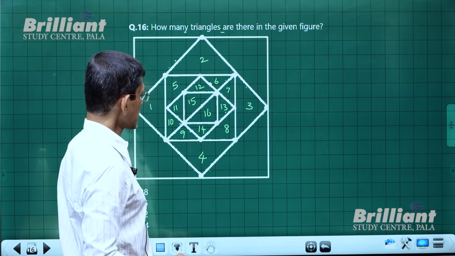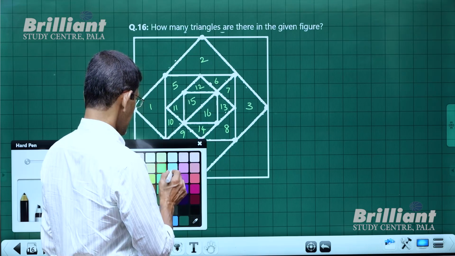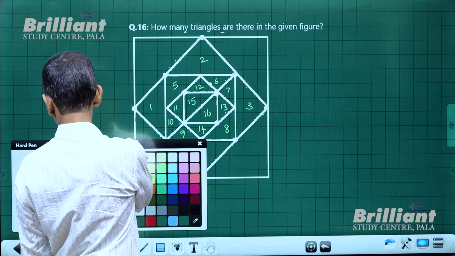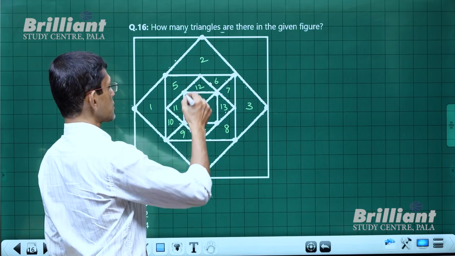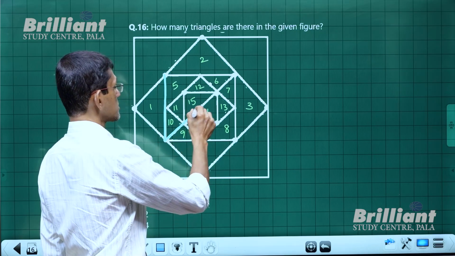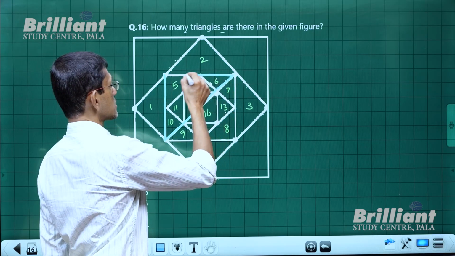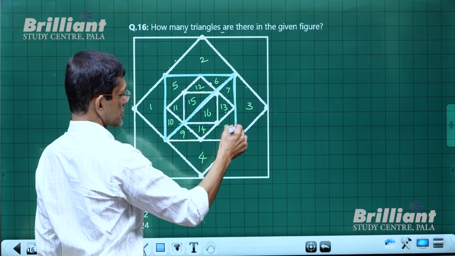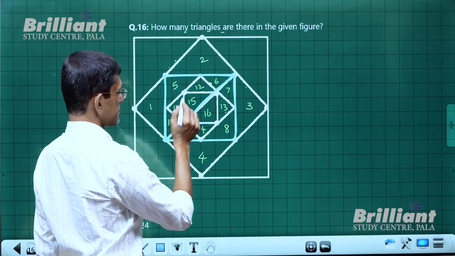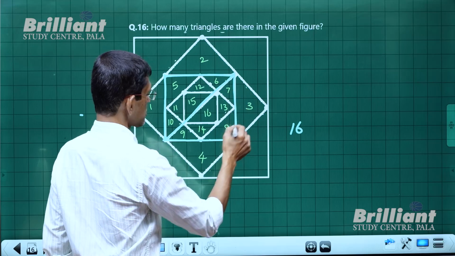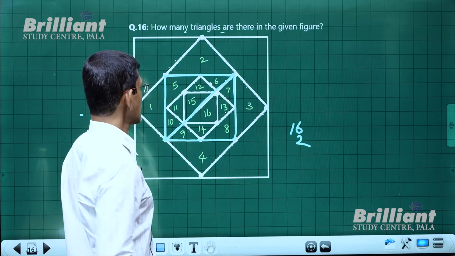Apart from the 16, what else do you have? Let me take another color for this. Alright, so apart from that, here we have another triangle, 1, and this is 2. So already we have 16 plus these blue colored 2 of them.